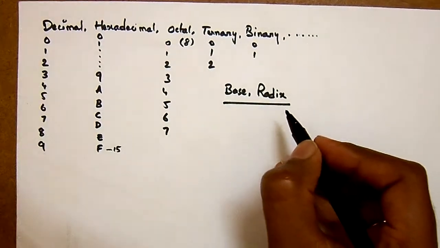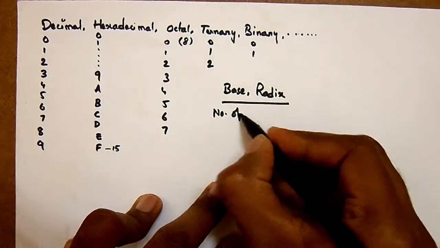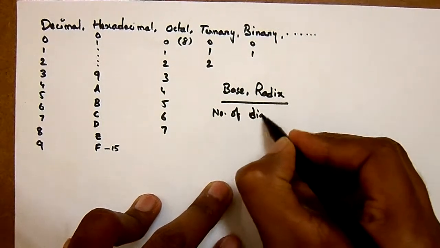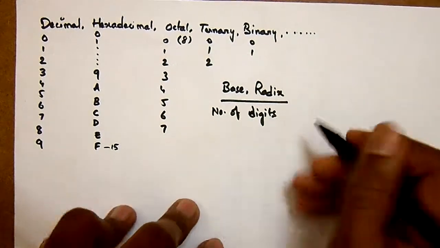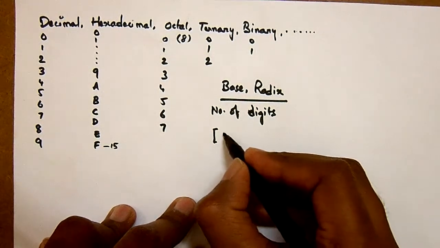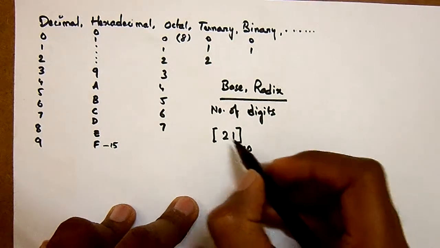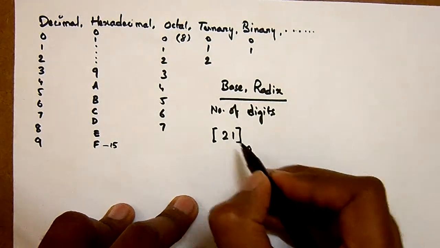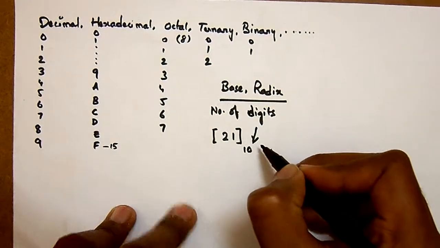A base or a radix for a number system indicates the number of digits that are used in that number system. For example, if we want to represent a decimal number, we can write like this: 21 to the base 10. Here 21 is the value and 10 is the base or the radix.